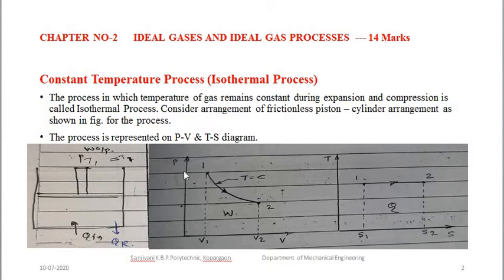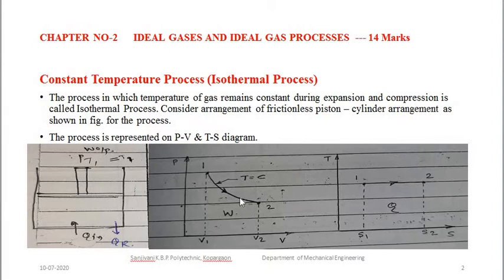So we are representing this expansion process on the PV diagram and TS diagram as shown in the figure. At the initial state point, we have to measure all the properties, such as pressure, temperature and initial volume before the heat addition, and then we can plot this point number 1 on the PV diagram.